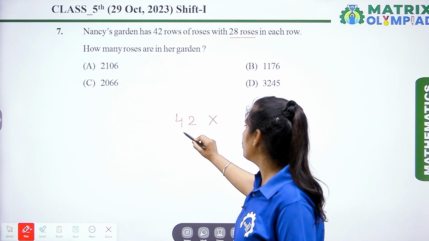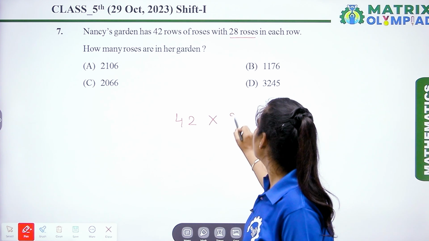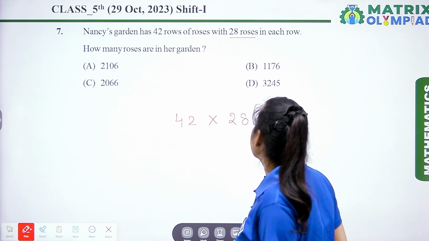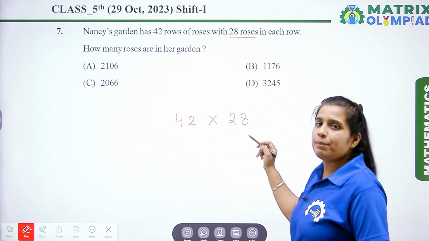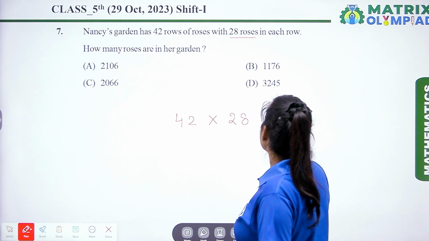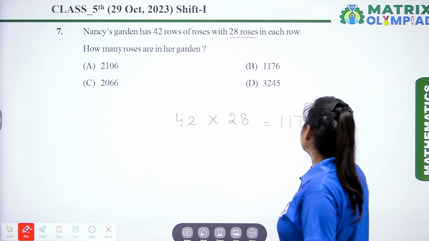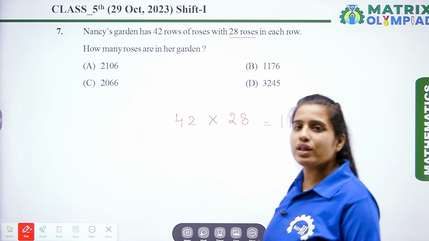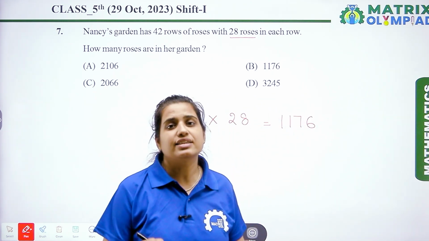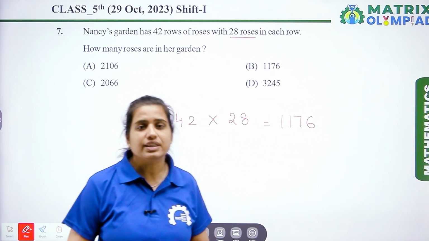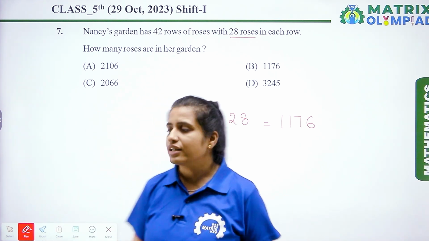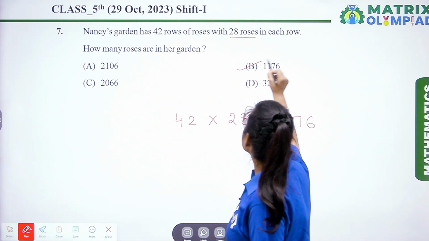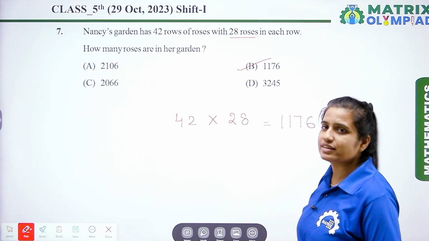So we are going to multiply 42 by 28. So after multiplication we get 1176. So here 1176 is the total number of roses in Nancy's garden. So here option B is the correct answer.